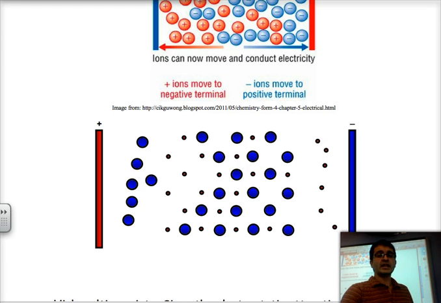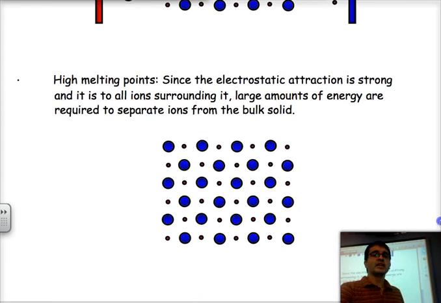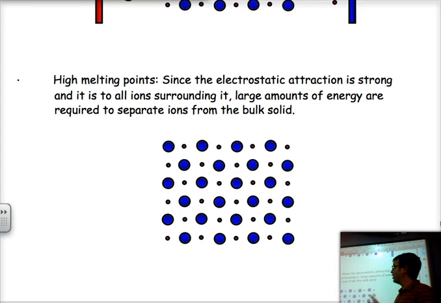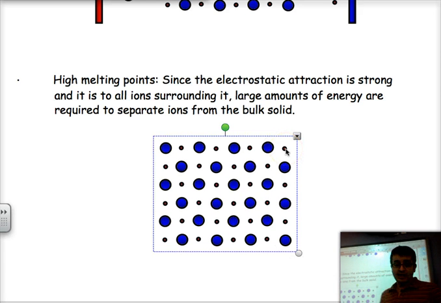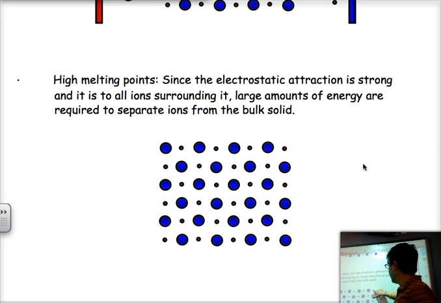And finally, the last idea is that ionic compounds have high melting points. They have high melting points because each ion is attracted to each one of the other ions next to it. This ion over here, in order to melt, needs to be taken away.